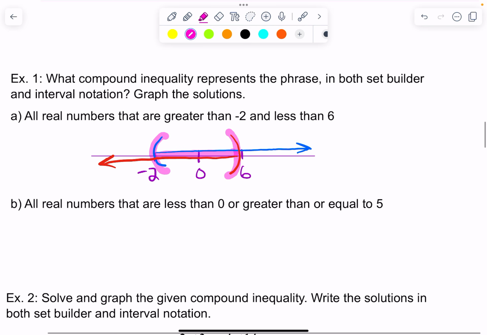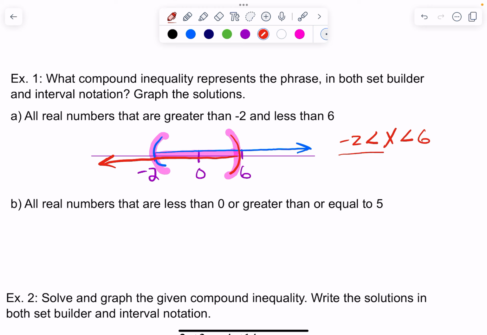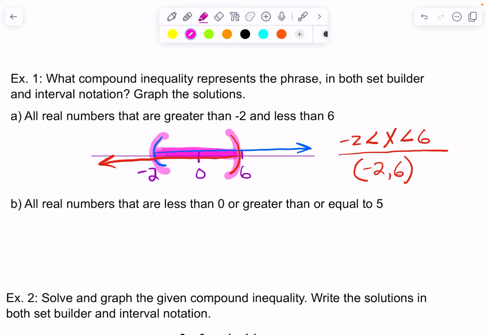So the solutions would be x is greater than negative 2 and less than 6. In interval notation, they would be denoted as parentheses negative 2 to 6. Once again, look at that highlighted area of intersection. Where they intersect or overlap, those are the solutions.